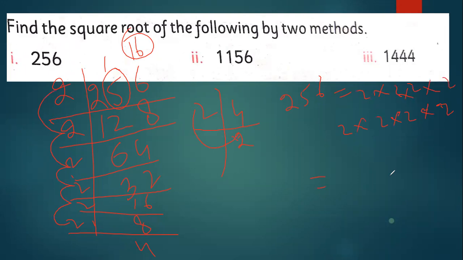It means combining two twos gives 2 power 2. Now taking the square root of 256.